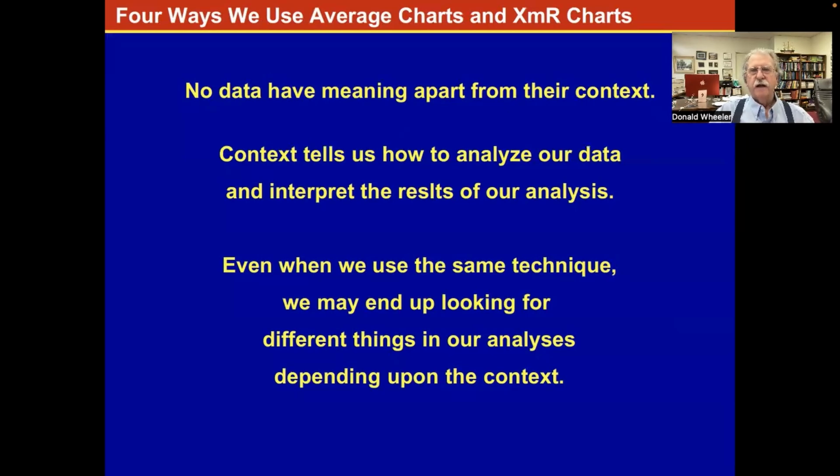No data have meaning apart from their context. Context tells us how to analyze our data and interpret the results of our analysis. Even when we use the same technique, we may end up looking for different things in our analysis, depending upon the context.